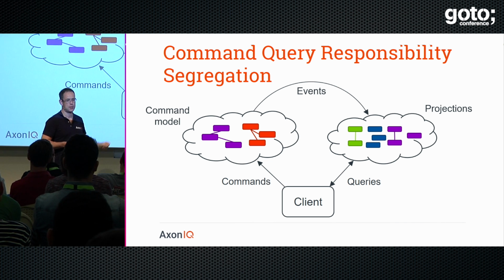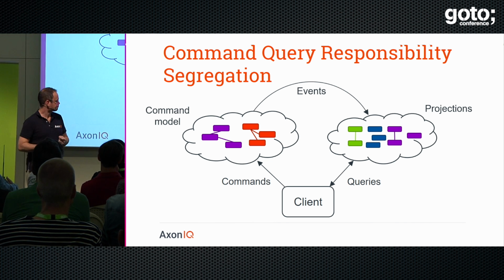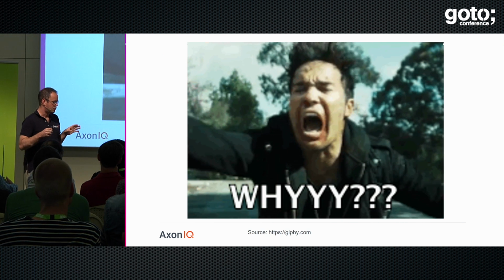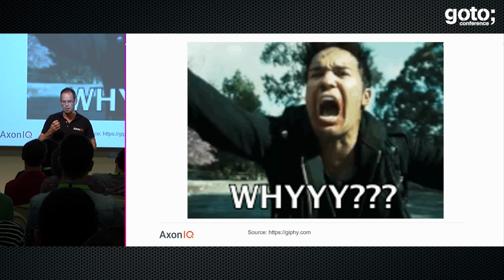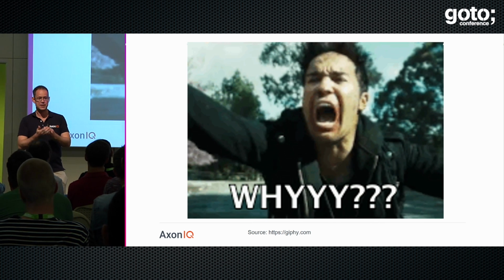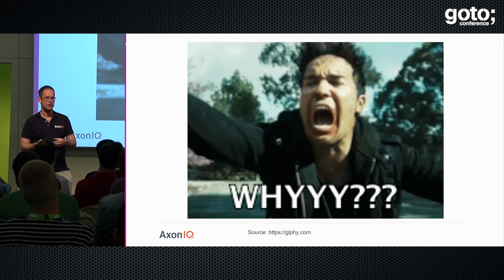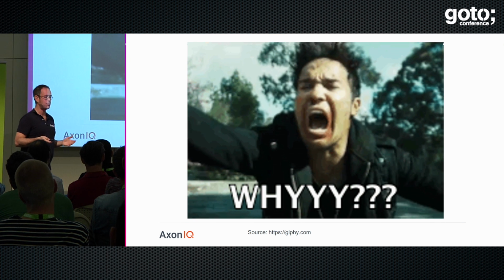The event will be picked up by the projections, and then you get good answers from your next queries. So this is a pretty complex thing to do, right? If you compare it to having just one model and processing that for transactions and for queries, this introduces a huge amount of complexity. So a very good question you could ask is, why would you do this?